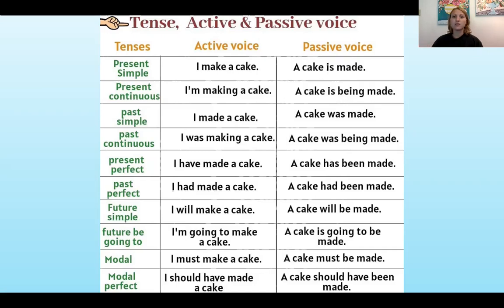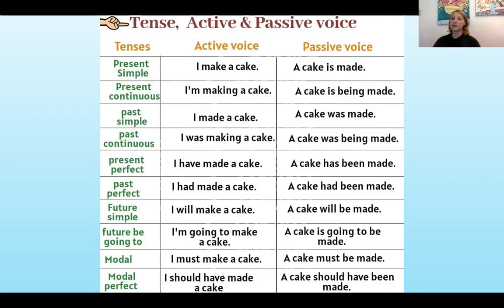All right, so we broke down that first sentence in active voice. Let's now break it down in passive voice, and let's see if anybody can understand or hear the difference in passive voice versus active voice. A cake is made. In this sentence, cake is still the object that becomes the subject. And then you have is made.